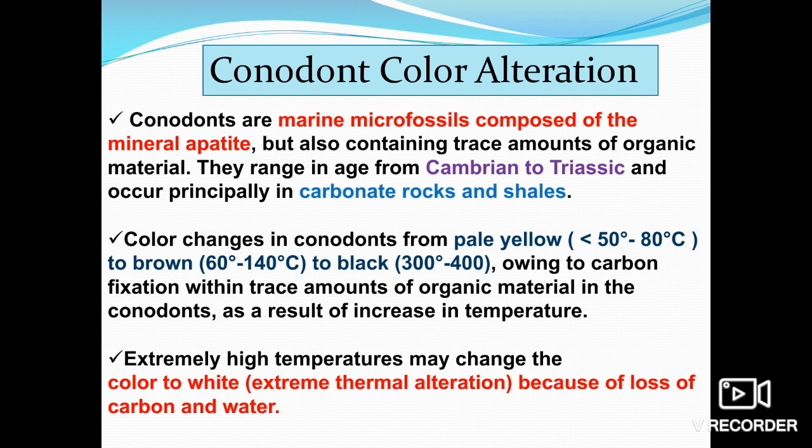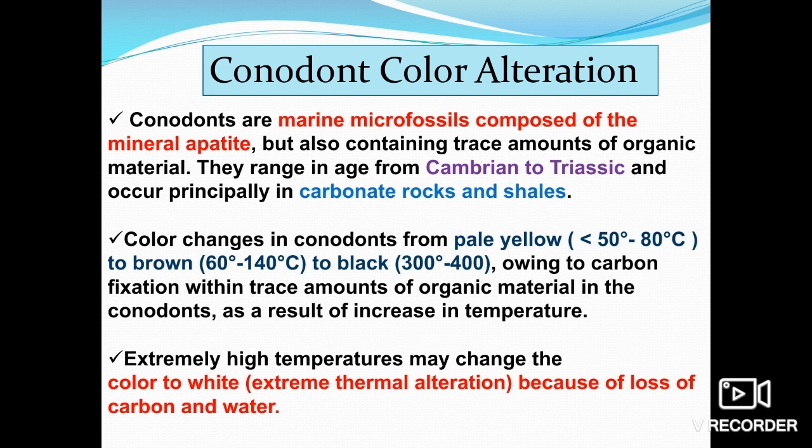Conodonts are marine microfossils composed mainly of the mineral apatite, the most important phosphatic mineral. Its chemical composition is Ca5(PO4)3, but it can also contain trace amounts of organic matter.